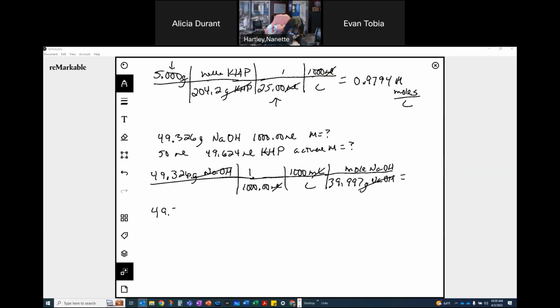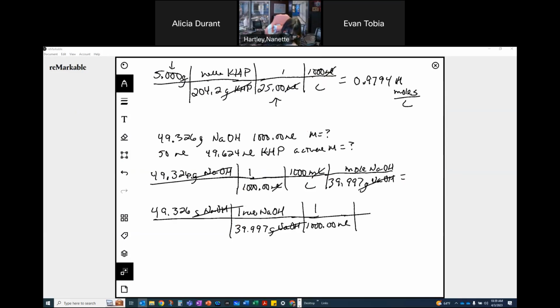Well, so 326 grams of NaOH, 1 mole of NaOH, 39.997 grams. The grams cancel. I then divide by the 1,000 milliliters that it is, and then I convert the milliliters to liters.